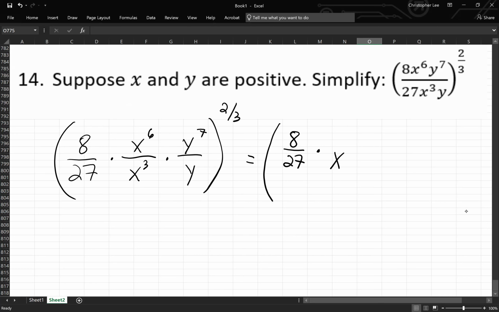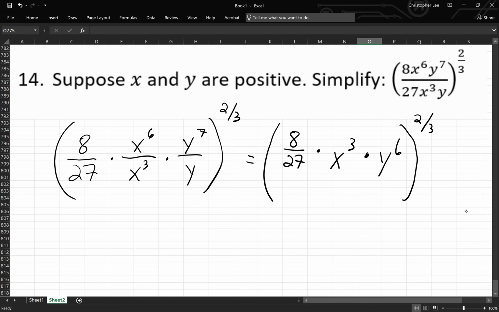Anytime we divide exponents, we subtract their powers. So 6 minus 3 is 3. What about the y to the 7 divided by y? What's that going to become? Y to the 6. Very good. Same thing, we subtract their powers. So 7 minus 1 is 6. This is going to be to the 2 over 3 power.